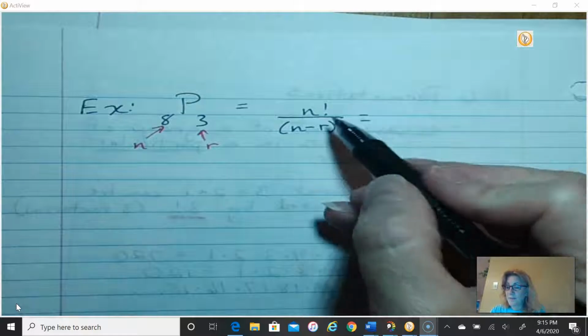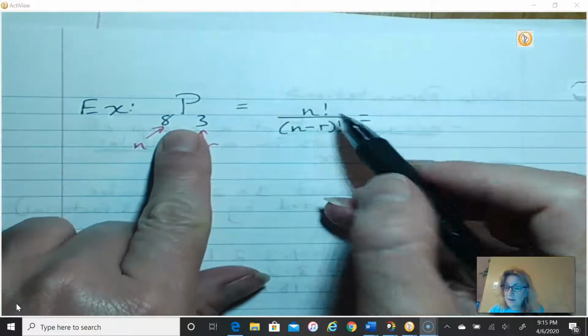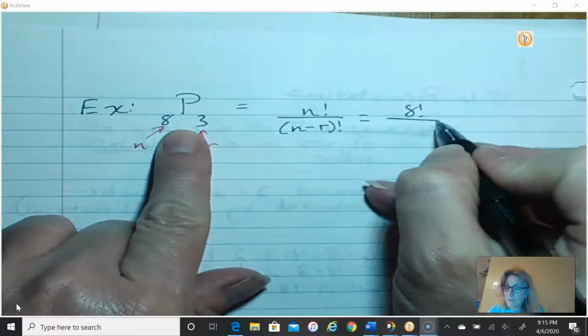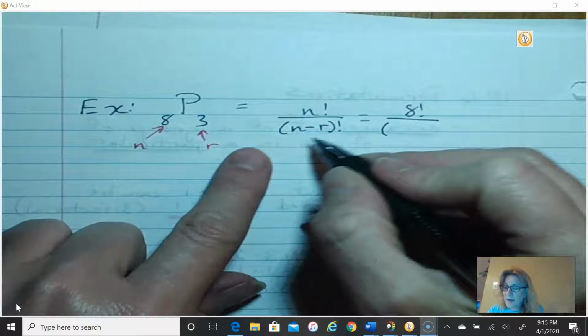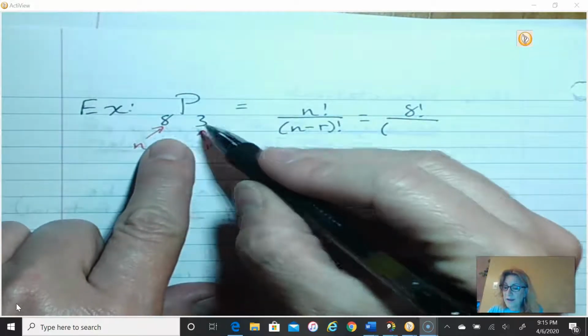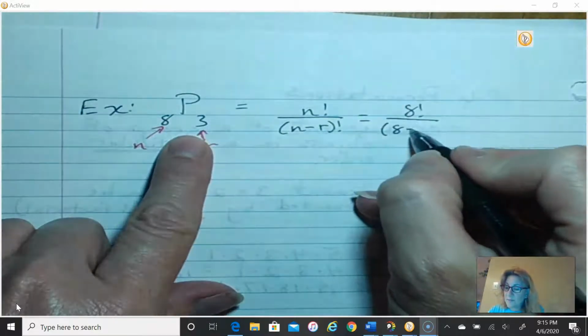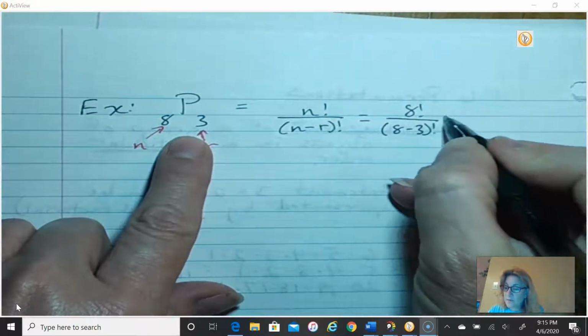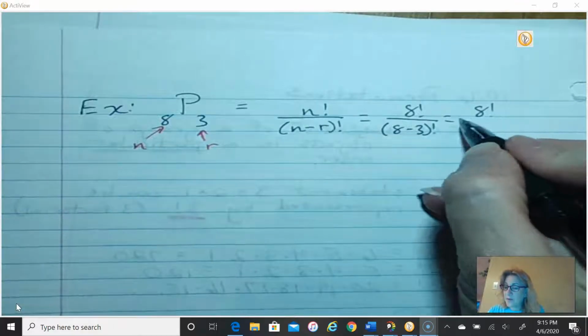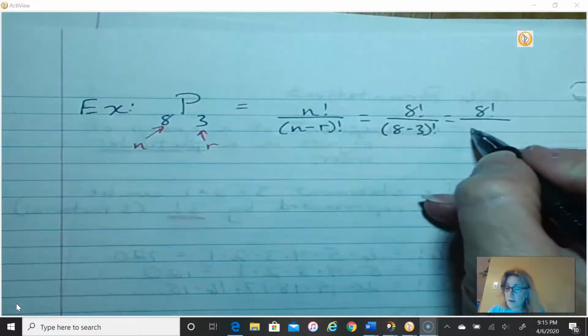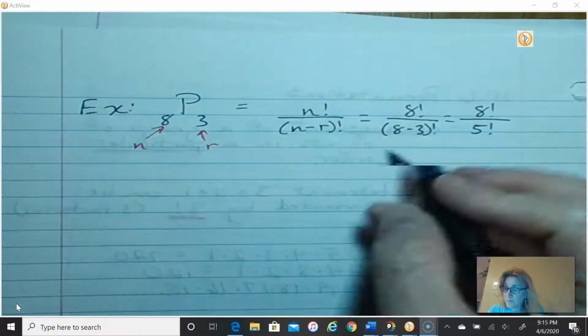Okay, let's plug it in. N is your 8 factorial, and then n minus r, so 8 minus 3 factorial. That's 8 factorial. 8 minus 3 is 5 factorial.